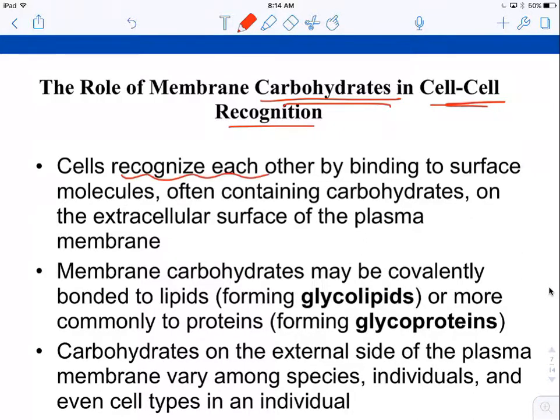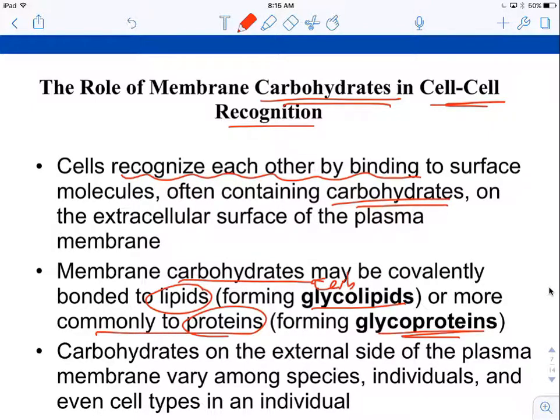So cells recognize each other by binding to surface molecules, almost always containing carbohydrates, on the extracellular surface of the plasma membrane. Carbohydrates can be attached to lipids, and then that would be a glycolipid. Glyco means carb. Or, more commonly, to proteins, and then you get glycoproteins. Again, the glyco meaning the carbohydrate part.